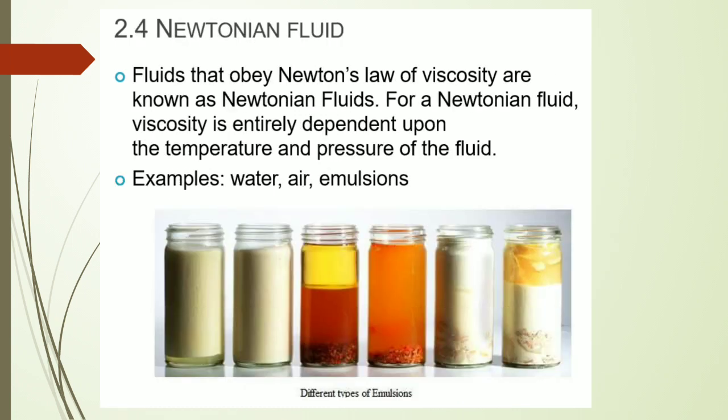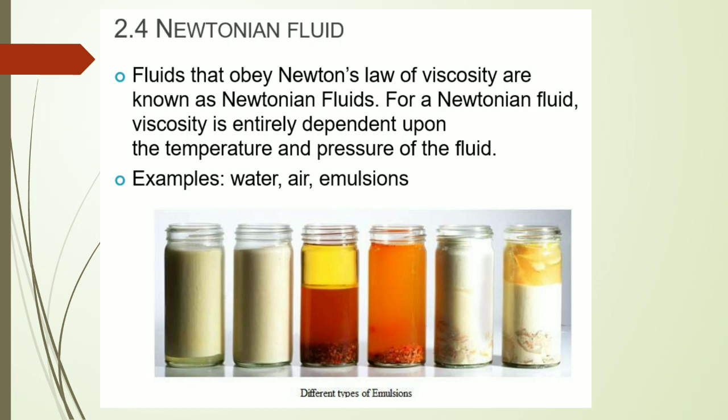Then what is Newtonian fluid? A Newtonian fluid obeys the law that shear stress is directly proportional to the strain, or which obeys Newton's law of viscosity. Yesterday we have seen that shear stress is directly proportional to strain.